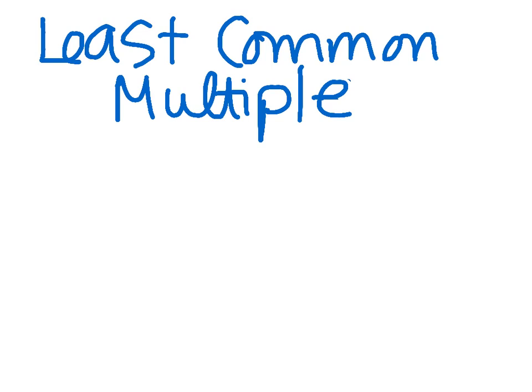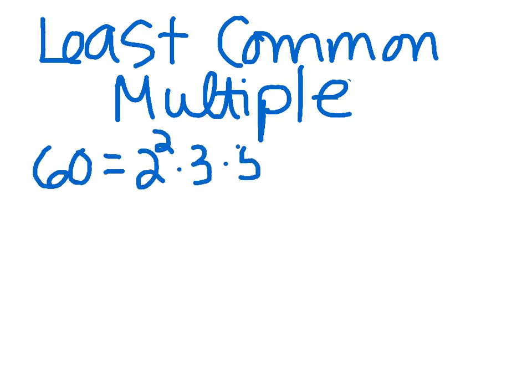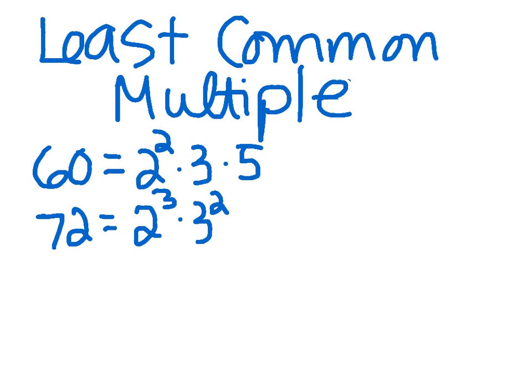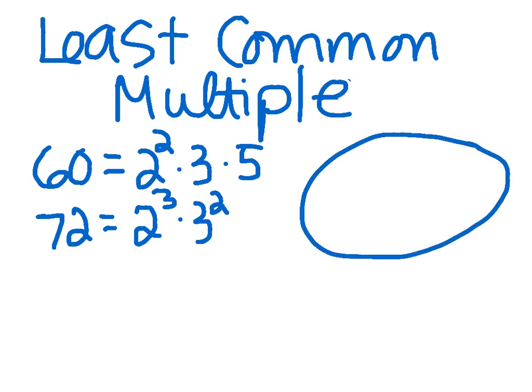So say again that I have 60, and we know that that is 2 squared times 3 times 5, and I have 72, which is 2 to the third times 3 squared. And I want to create a group of prime factors that has everything in both of these. And I want it to be the most efficient, or the smallest group.